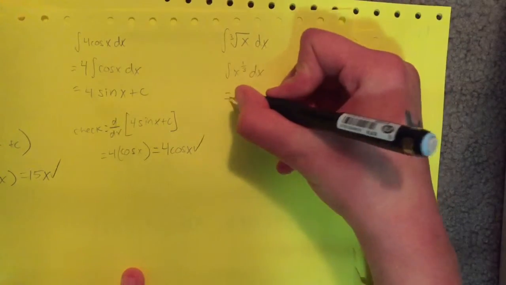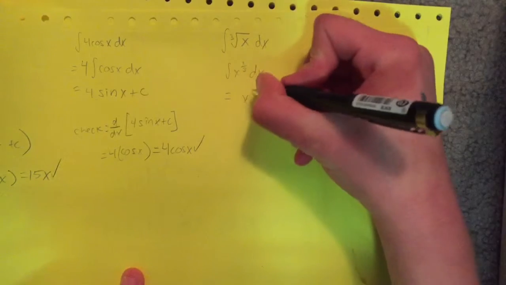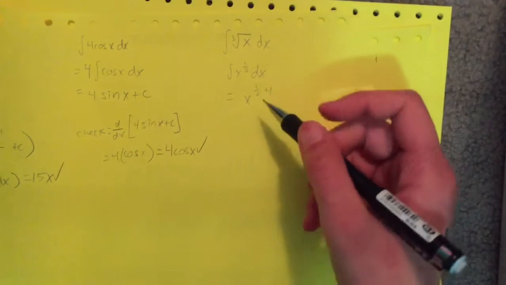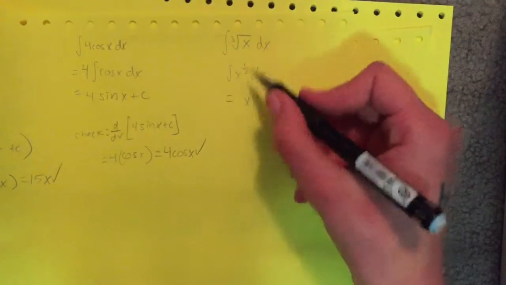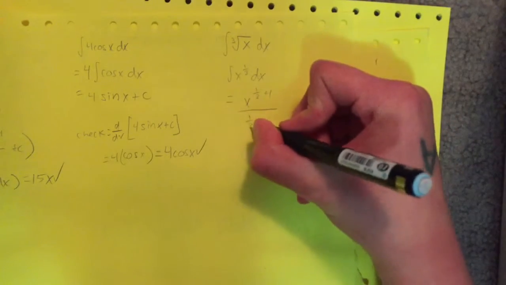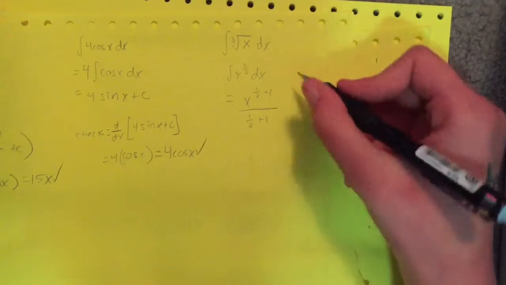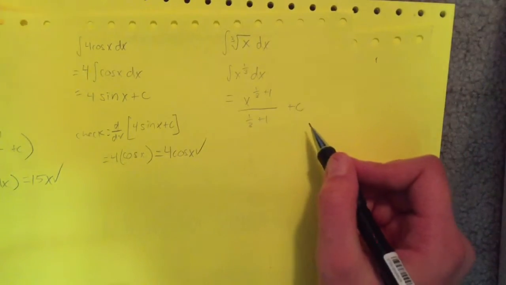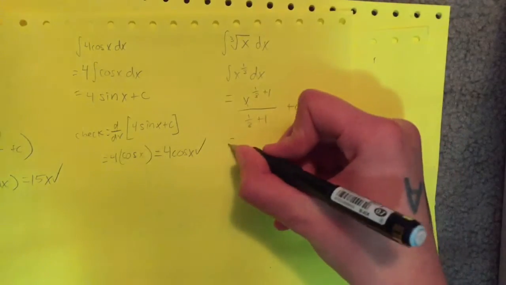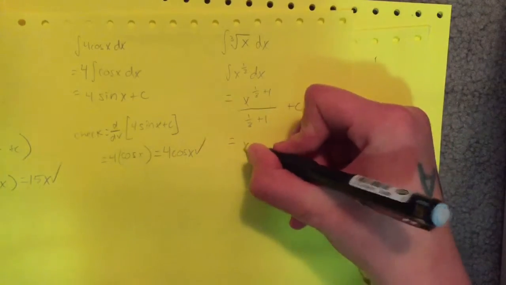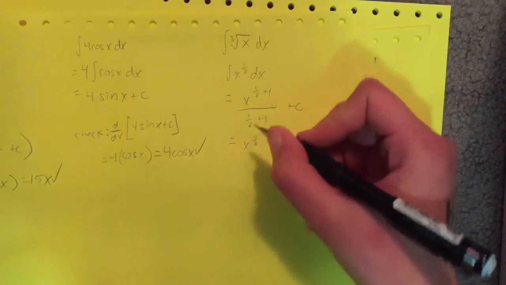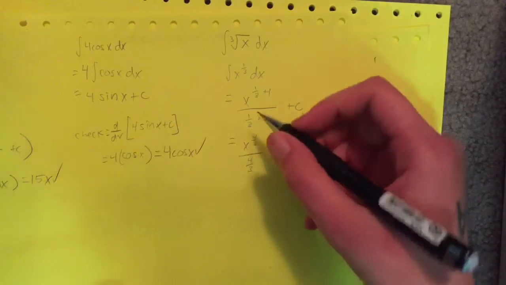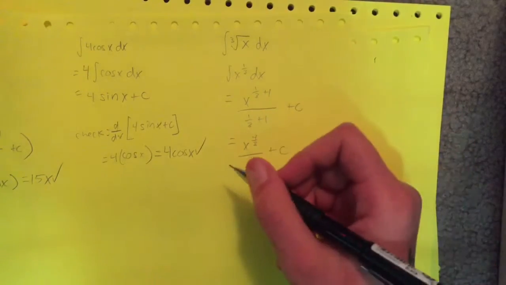So this would be x to the 1/3 plus 1, because you add 1, over 1/3 plus 1, plus c. You make sure you remember to have the plus c, because that's very important. So to simplify this, it'd be x to the 4/3 over 4/3 and still plus c.